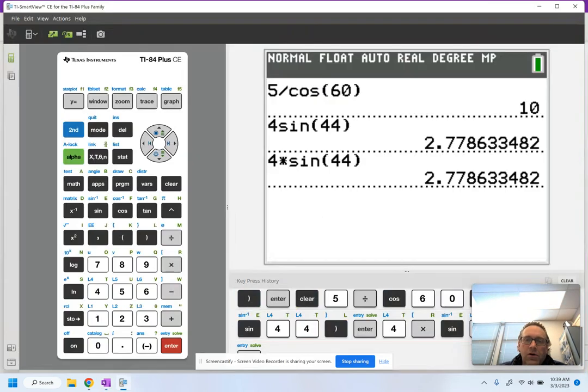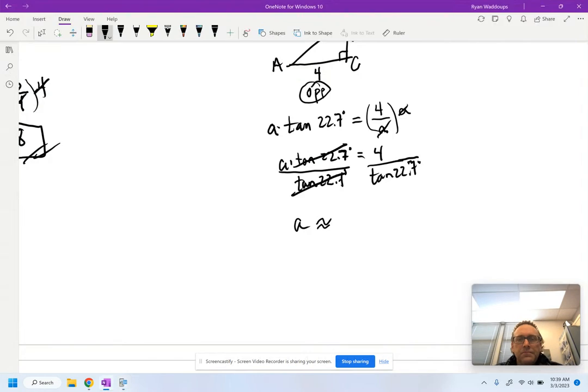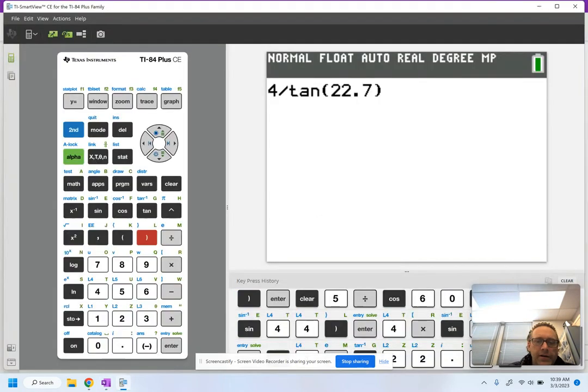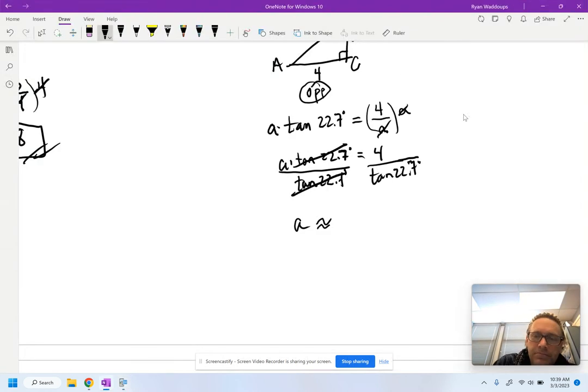On the right, we just go back to our calculator. I'm going to clear this. We've got 4 divided by the tangent of 22.7 degrees, and that gives us 9.56, with the next digit being a 2, so that would be 9.56.